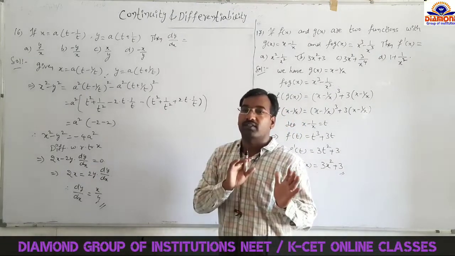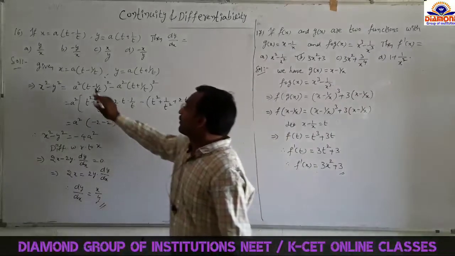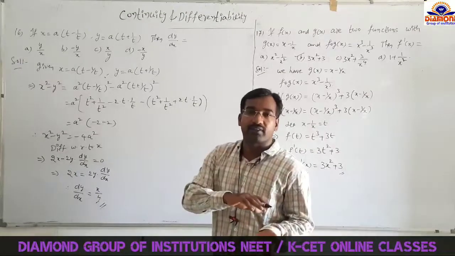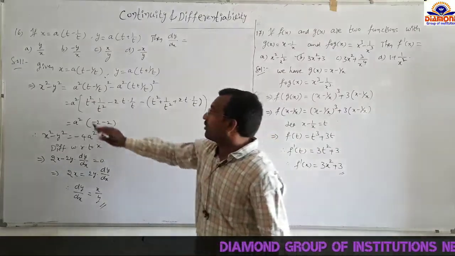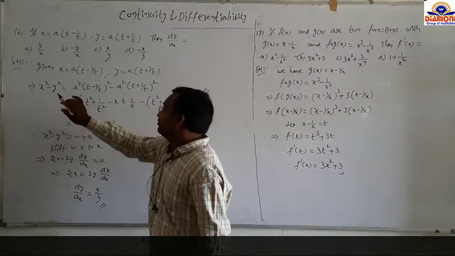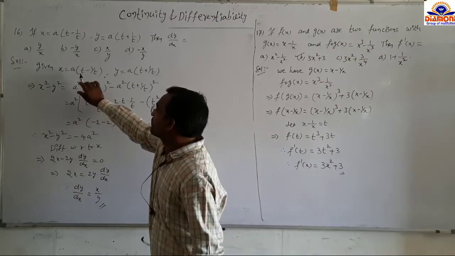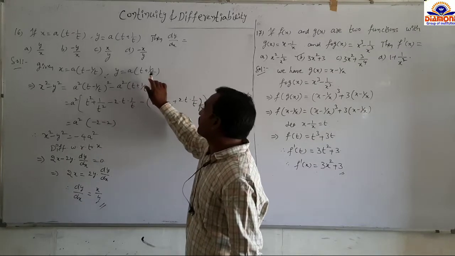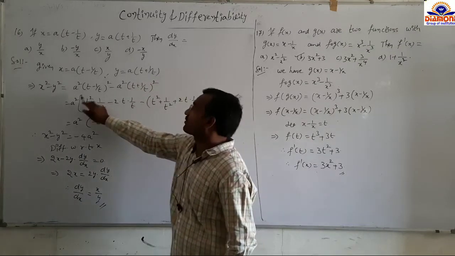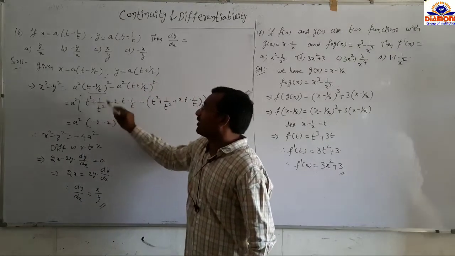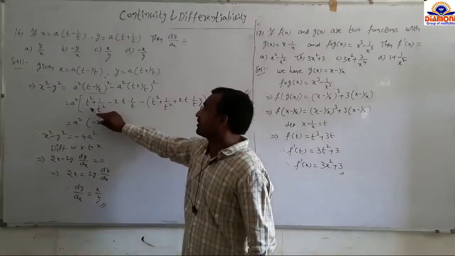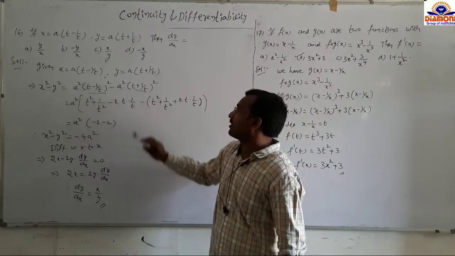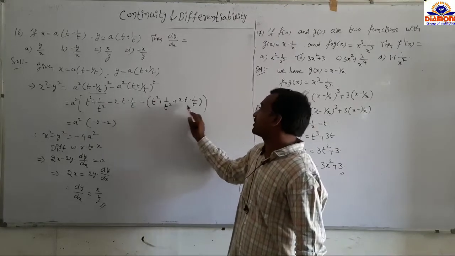After that, apply differentiation. So that's why you can take x square minus y square. You can verify x square minus y square, otherwise x square plus y square. So x square minus y square equals a square into (t minus 1 by t) by 2 whole square minus a square into (t plus 1 by t) by 2 whole square. Here a square is common, and it is in the form of a minus b whole square, which is a square plus b square minus 2ab, minus the form of a plus b whole square, a square plus b square plus 2ab.